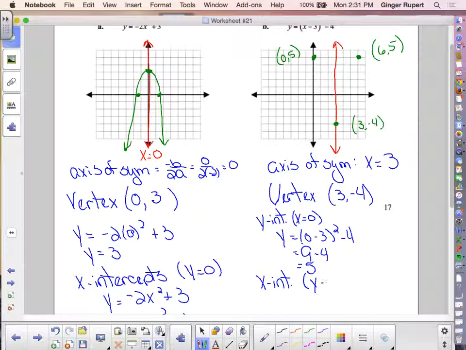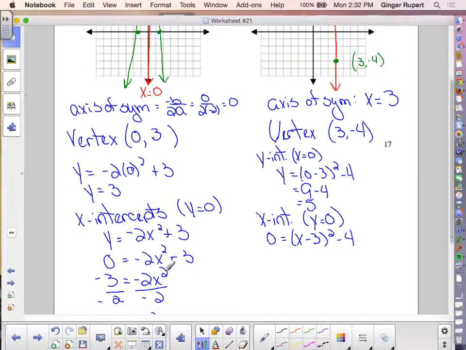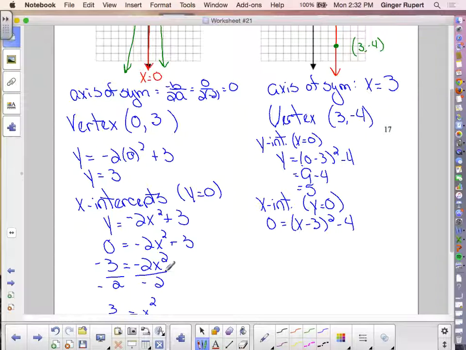Remember, that's when y is equal to 0. So here 0 is equal to (x minus 3) squared minus 4. Solve this for x. So I'll add the 4 to both sides. Take the square root of both sides. So I have plus or minus 2 is equal to x minus 3. Add the 3 to both sides.